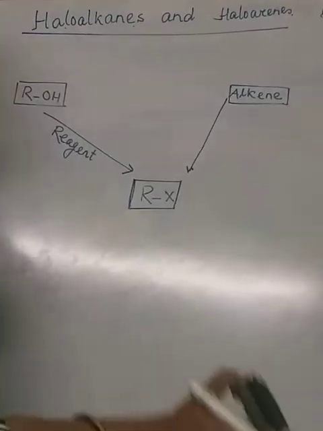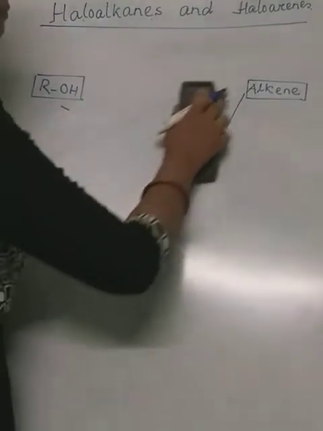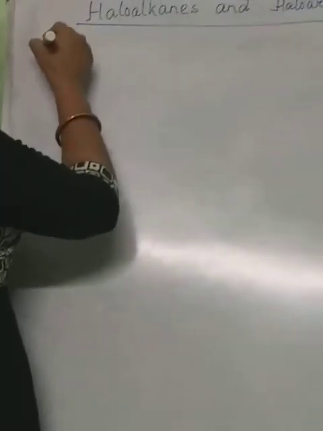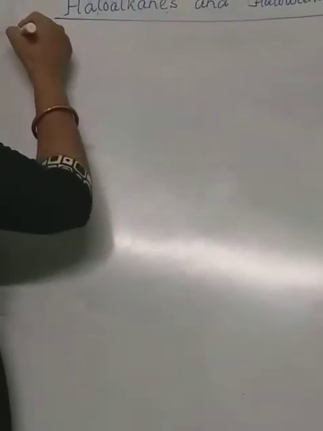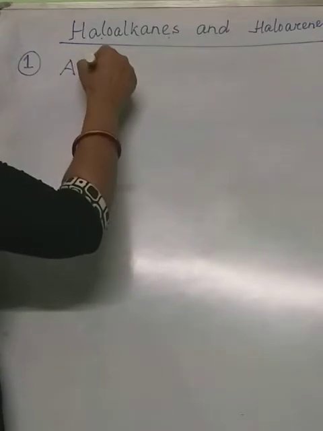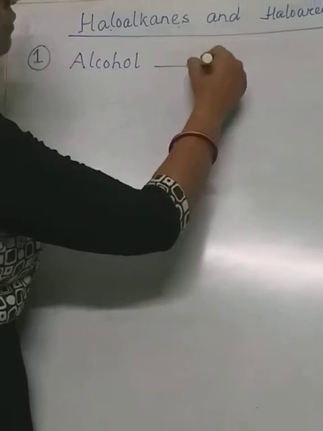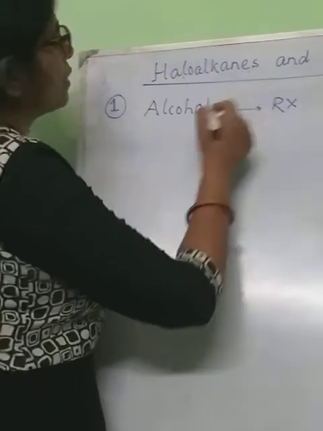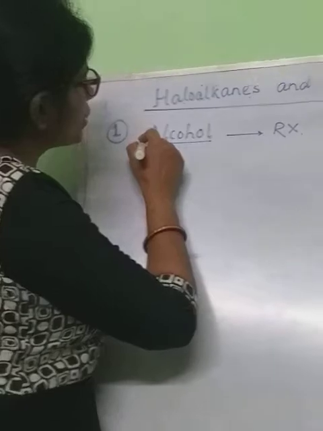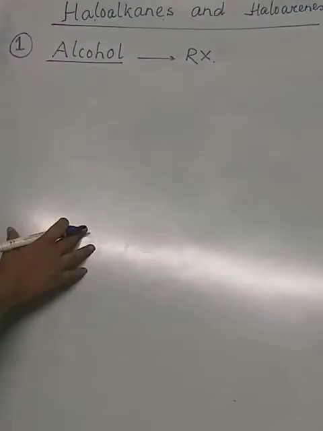Now here, coming to the first preparation, that is from alcohol, the first important point that comes to our mind is that this preparation of haloalkane from alcohol is the commercial preparation or large scale manufacture for haloalkane.